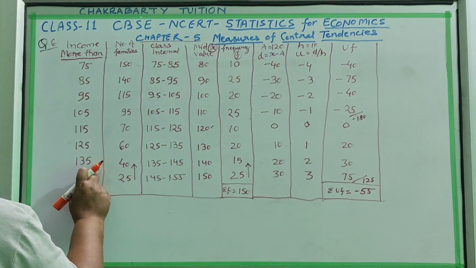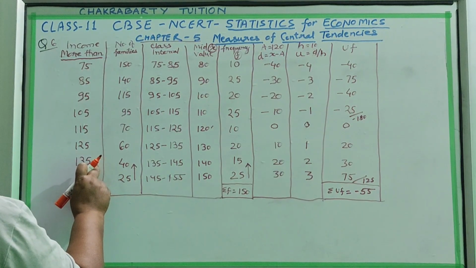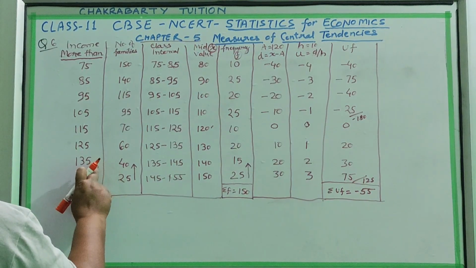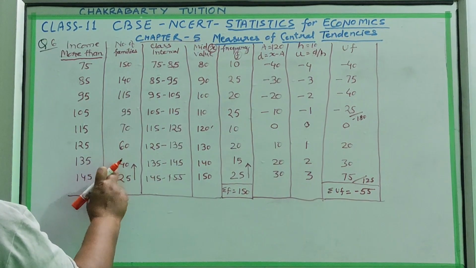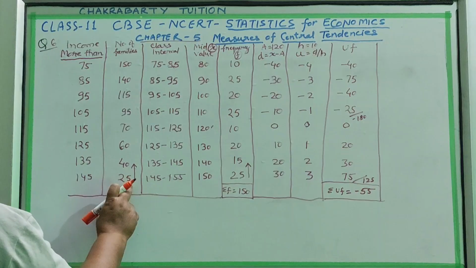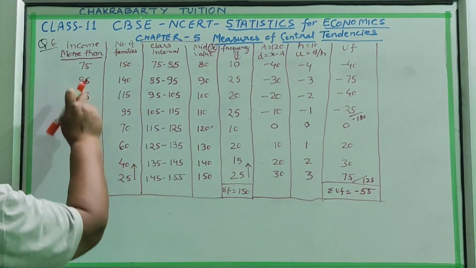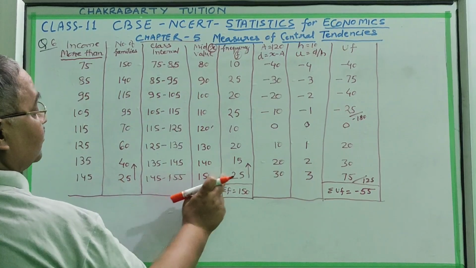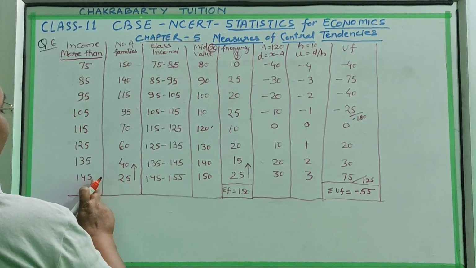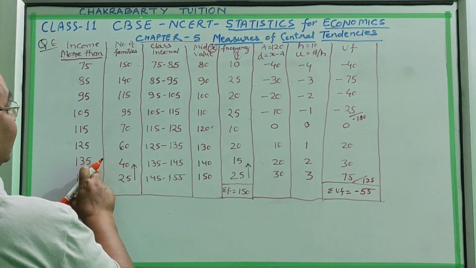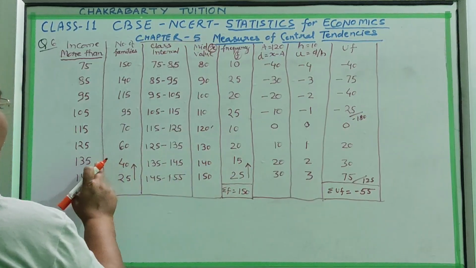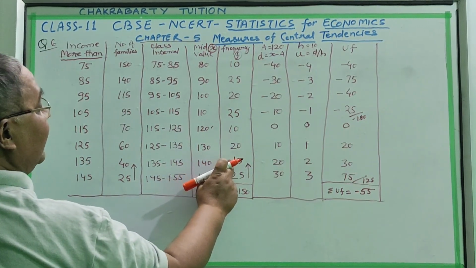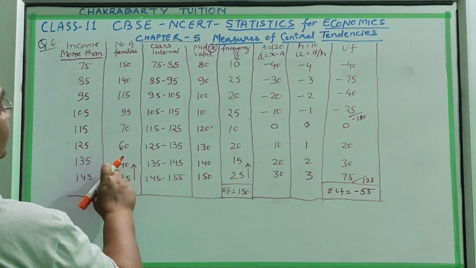More than 135 will cover more than 145 also. So more than 135 is 40. It covers this 25 also. Here you have to take care. Where more than is there, you have to reduce it from this side. Means 25 will be the frequency of 145, but for 135 it will be 15 only. So you can say that more than 135 persons are 15.